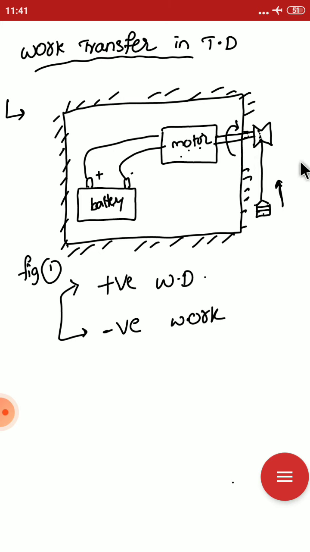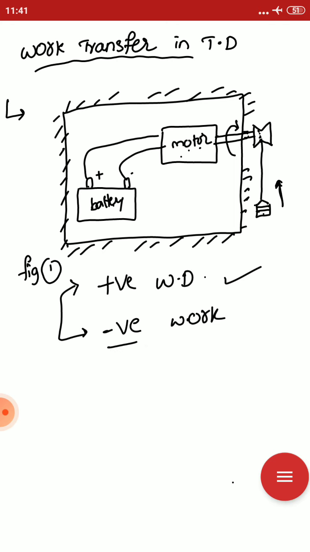The work is said to be done by a system if the sole effect external to the system can be reduced to raising of a weight. The weight may not actually be raised, but the net effect of the system would be raising the weight. Now the work is done by the system, so we write it as positive work. If work is done on the system, then it is negative work.